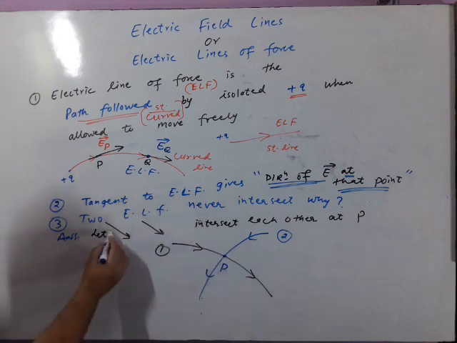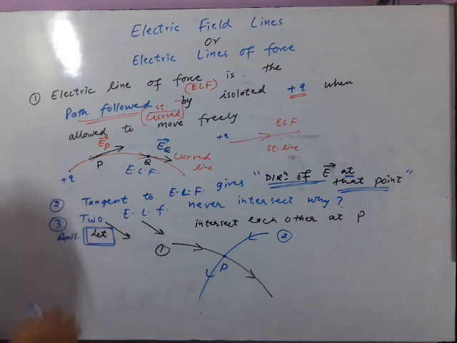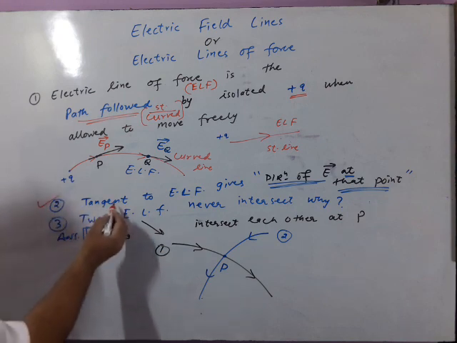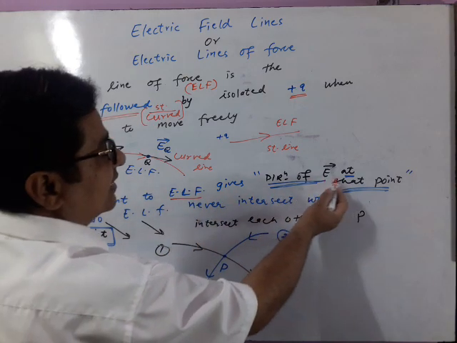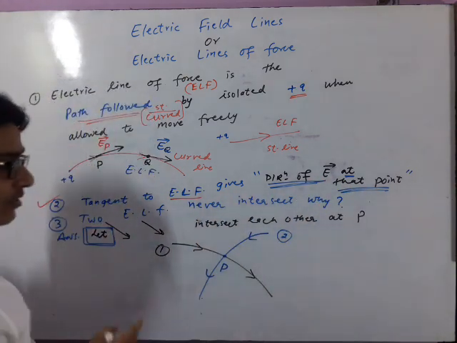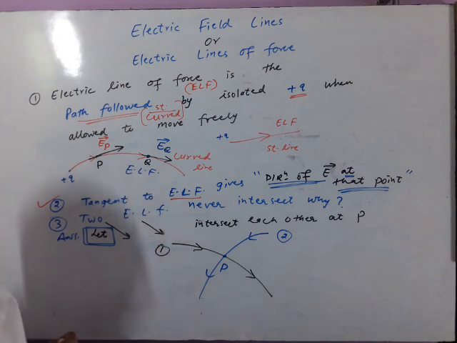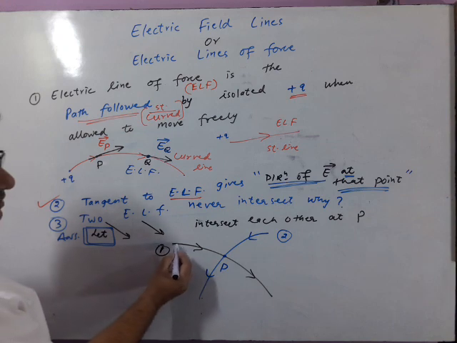Let us consider, if they intersect, what will happen? We are analyzing that. From the second property, the tangent to an electric line of force gives the direction of electric field at that point. So focus on the first line only. As per the first electric line, this is the black one.